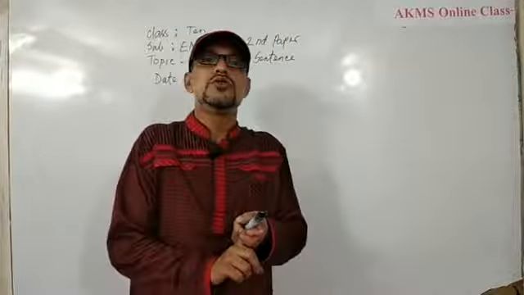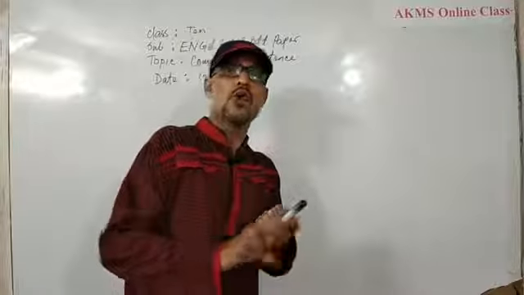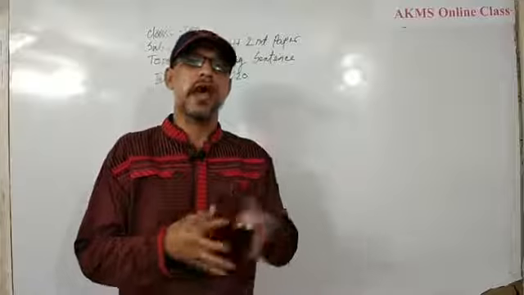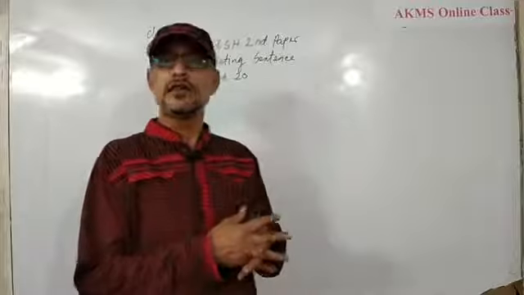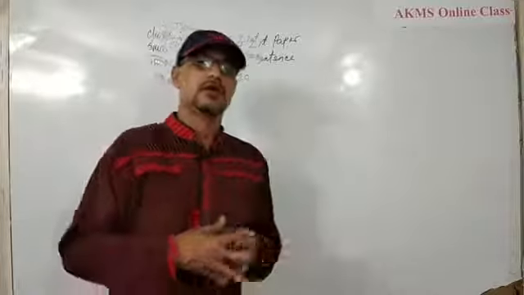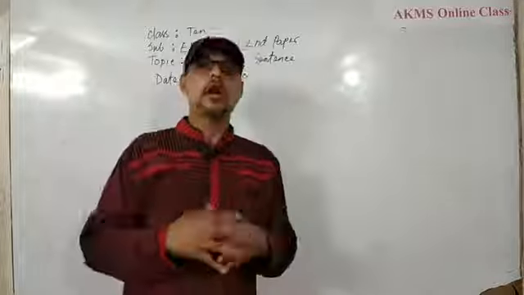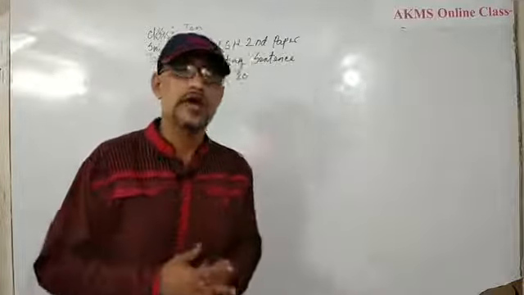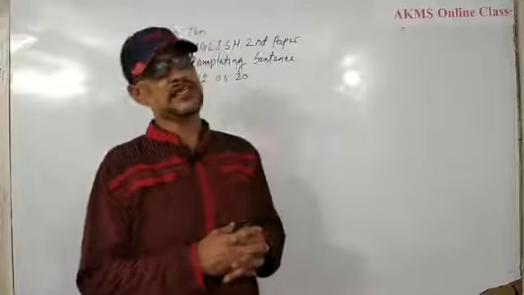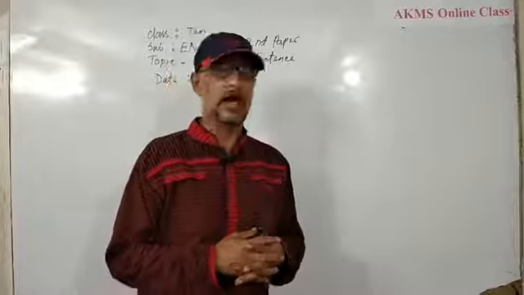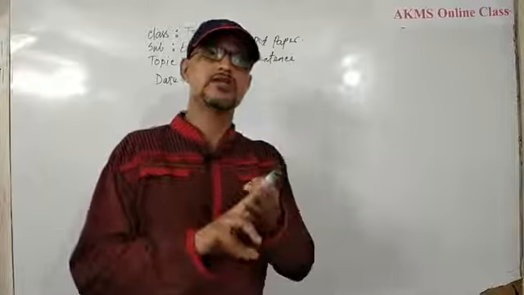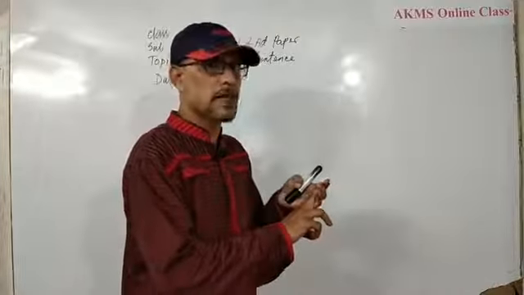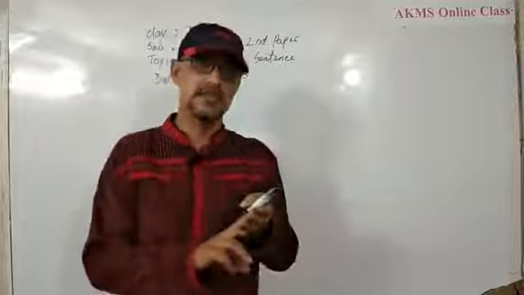Then you should try to understand what type of conjunctions or linkers have been given in the sentence. According to the conjunctions or linkers, you should identify what type of sentence it is, whether it is complex, compound, or simple.